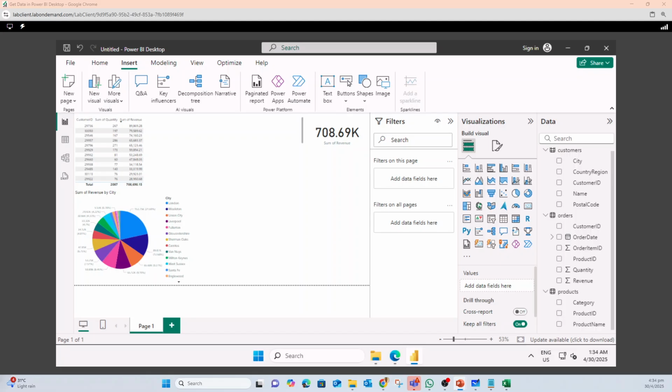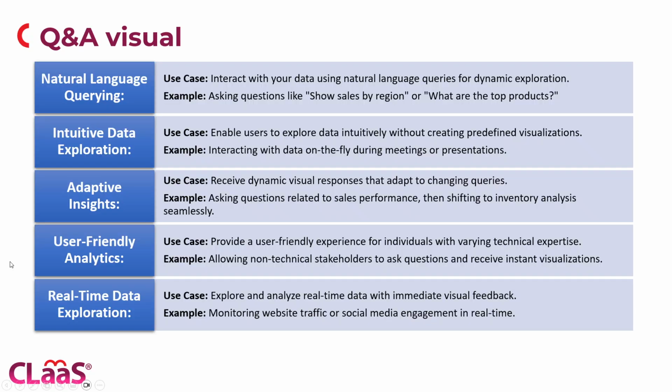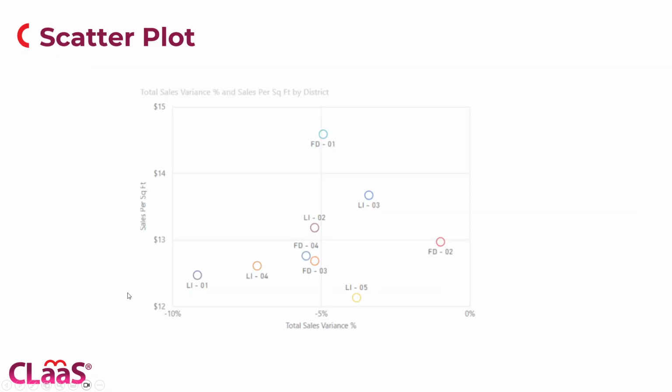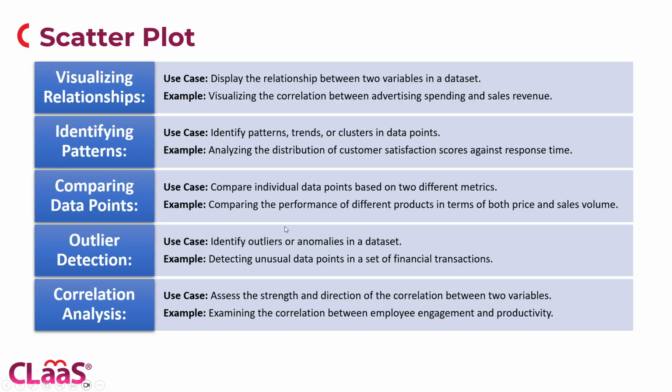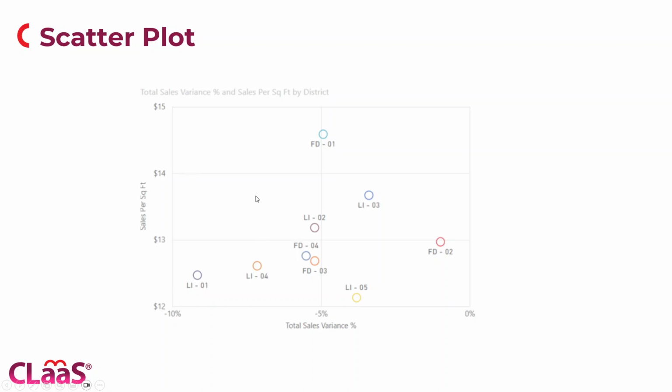Okay, let's continue with a few more. This one is natural language querying: intuitive data exploration, adaptive, user-friendly, and real-time data exploration. Scatter plot, to display individual data in two dimensions. Use case: display the relationship between two variables in a dataset, normally numeric.